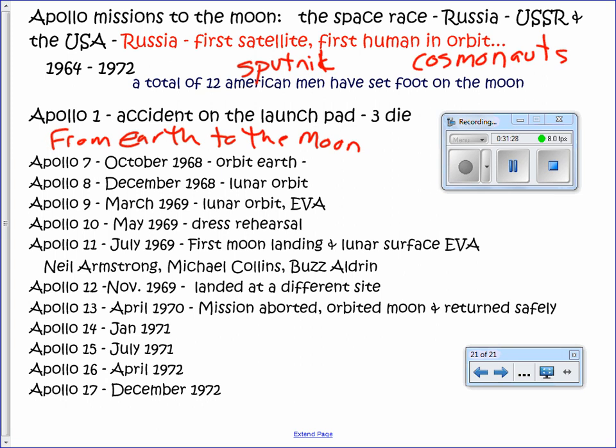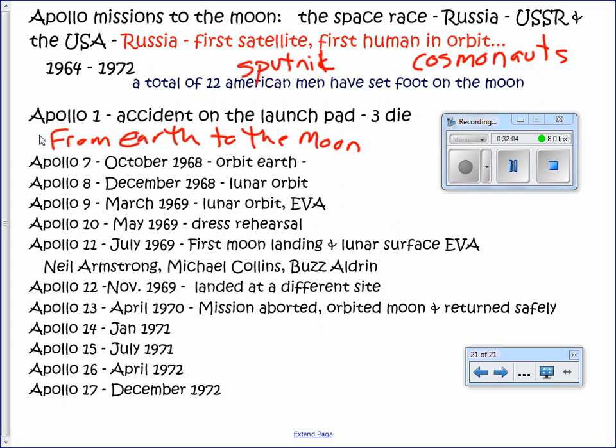So Apollo 1 was an accident on the launch pad. When they first were designing this, they had a 100% oxygen atmosphere in a pressurized cabin. Part of what was going on is there was such a push to engineer things that not everybody was listening to everybody else. There was one small spark, and these three men, and this was just a practice run, not a live launch or anything, very quickly burned, suffocated, and died.